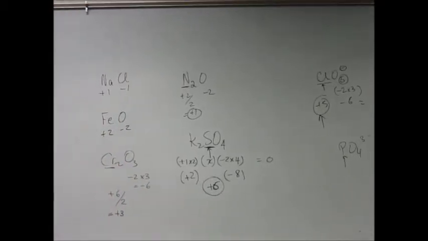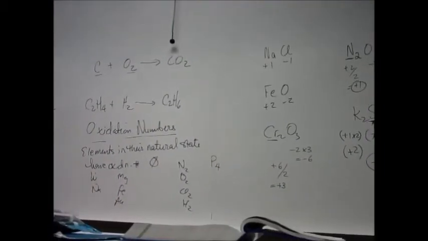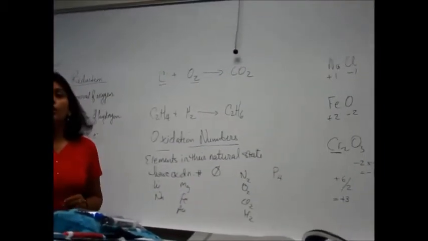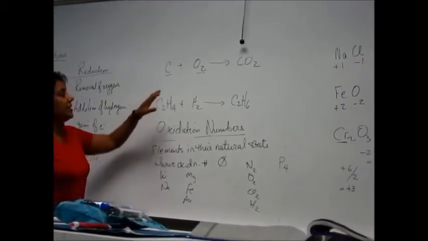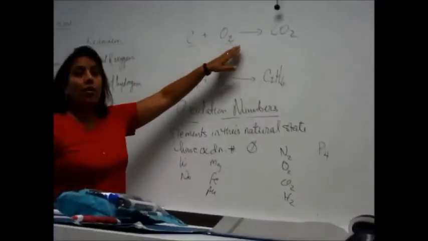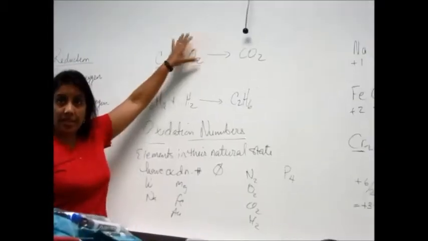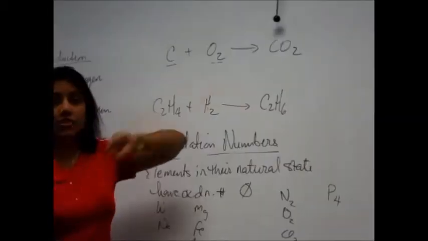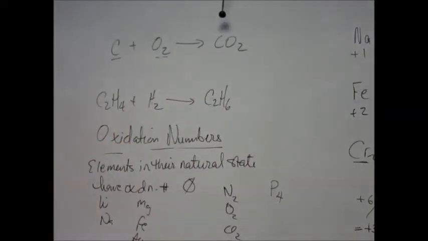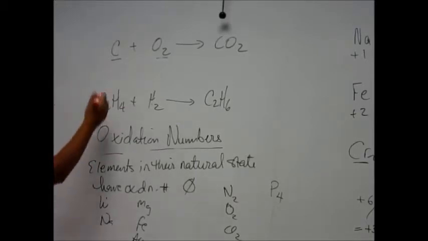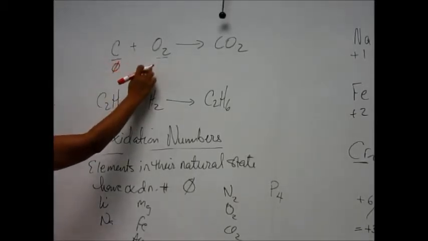Let me come back to this equation over here with carbon dioxide. So we established the fact that carbon was getting oxidized, because it was adding on oxygen. Now we're going to do it electronically and see what's going on. So carbon here, what's the oxidation number? 0. For oxygen?